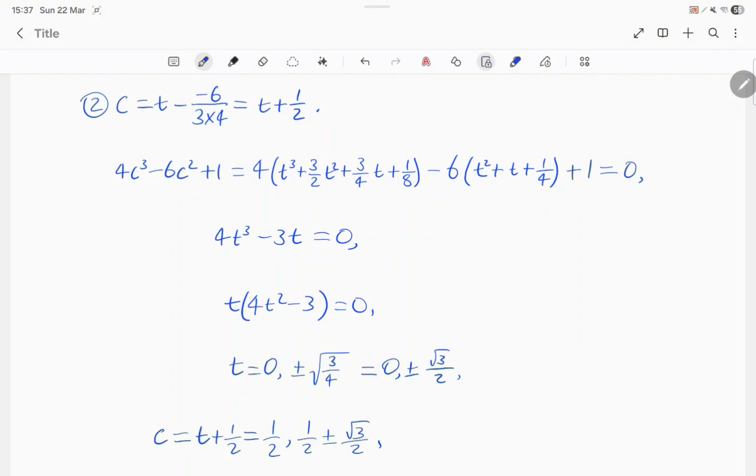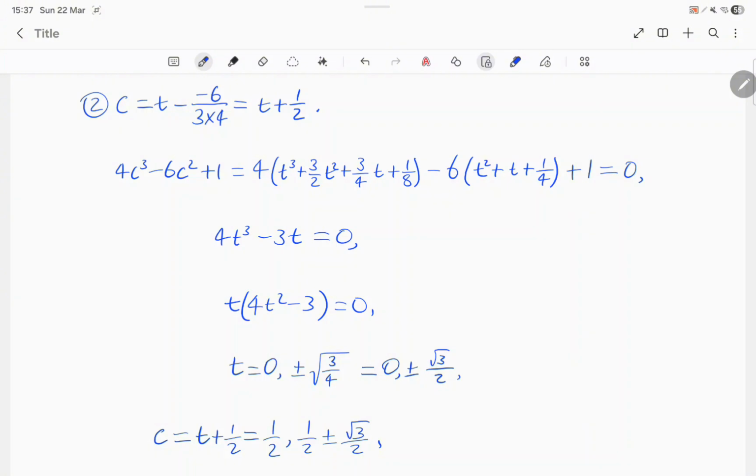Here, we'll use the equation x is equal to t take away b over 3a, and we'll substitute in the values. The variable x is in this case known as c, and this is equal to t take away the quadratic coefficient, which is -6, over 3 of the cubic coefficient, 4, and this is equal to t plus 1/2.